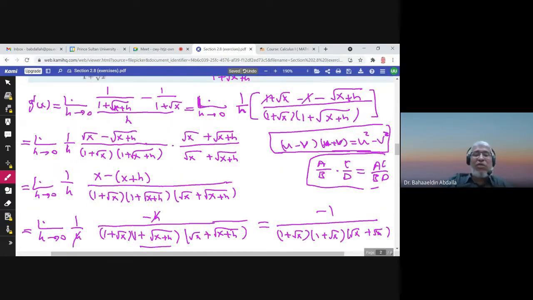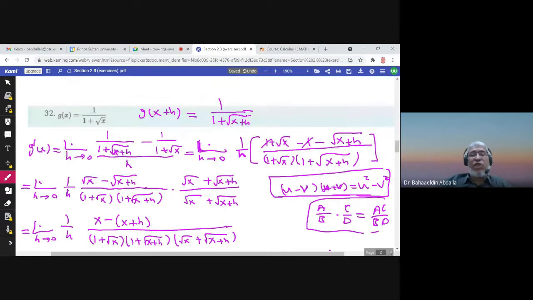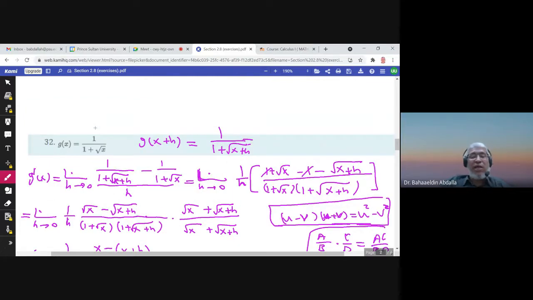Now, what is the domain of g of x? Well, x has to be greater than or equal to 0 because it's inside the square root; it can be 0, there is no problem. The denominator cannot be 0. Notice that the denominator here will never be 0 because if you solve this equation, you take 1 to the other side, it would be negative 1, and square root cannot be negative.